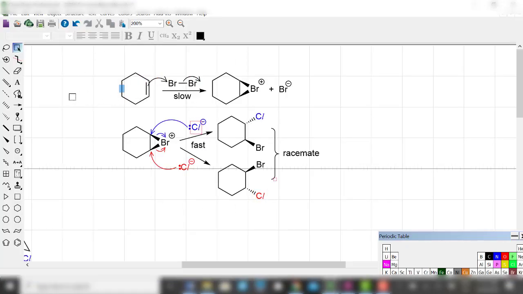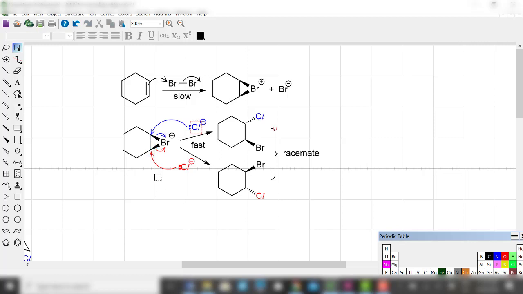I will not go into details like why you get a cyclic bromonium, etc. But you probably want to be aware of this particular limitation, when we said that the chloride approaches the two carbons with near equal probability.